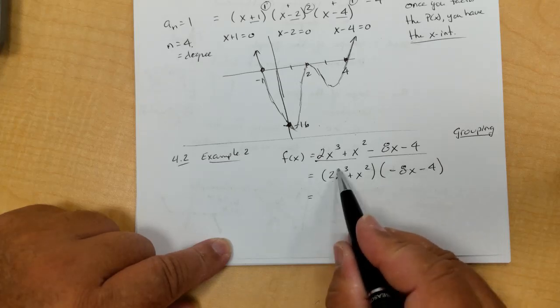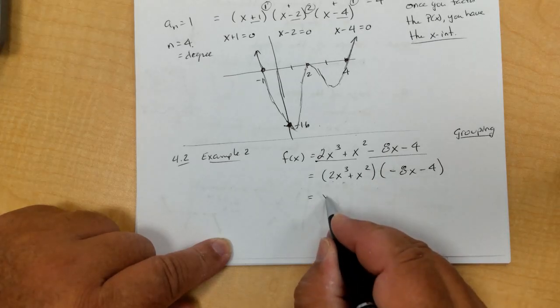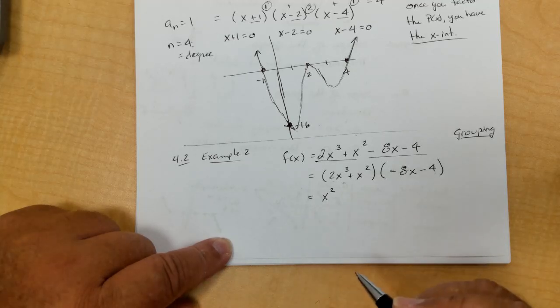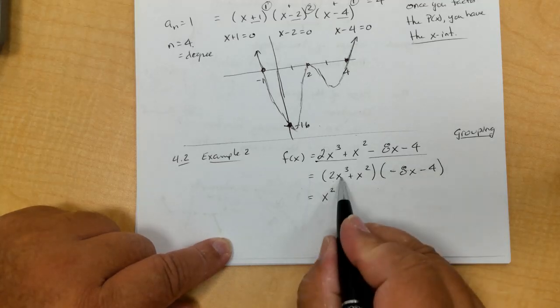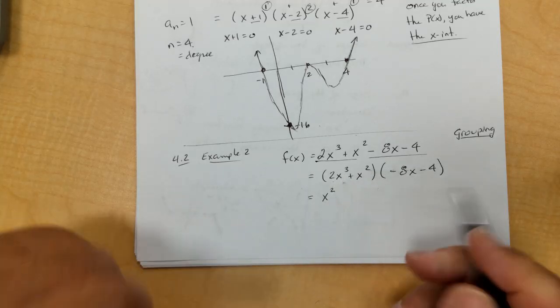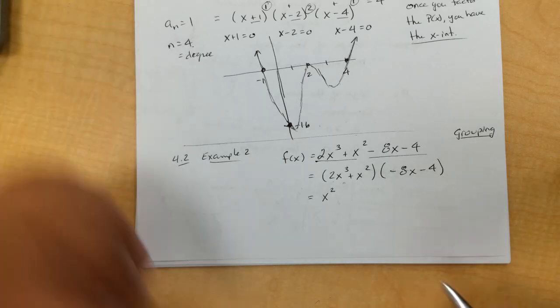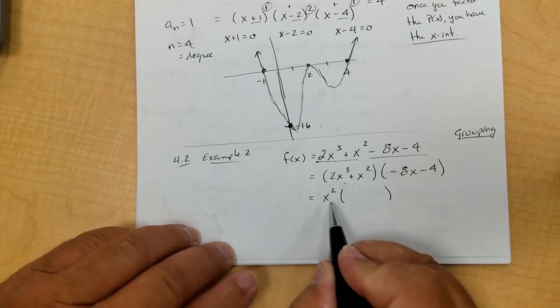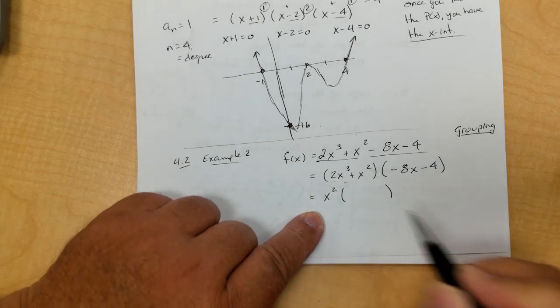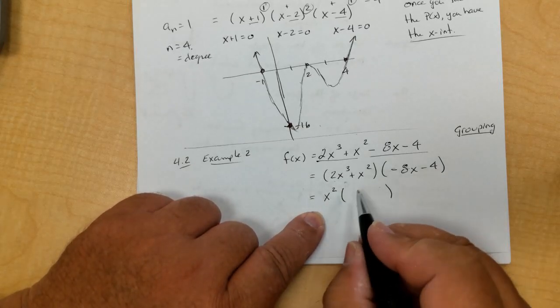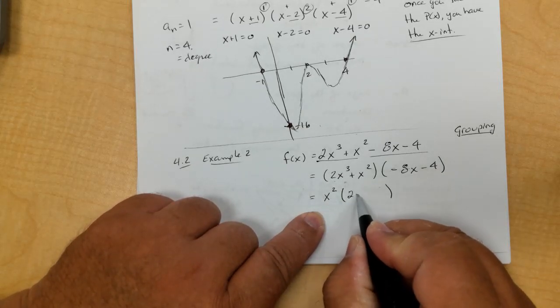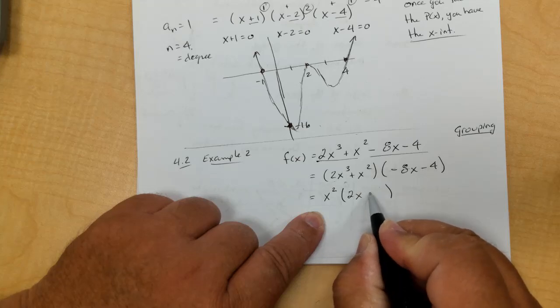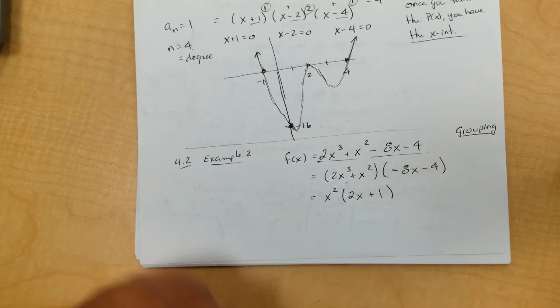Two x's. They have x squared in common. This one has 3 x's, this one has 2 x's, so they both have at least 2. So if I factor out an x squared, what do I have left? Plus 1.